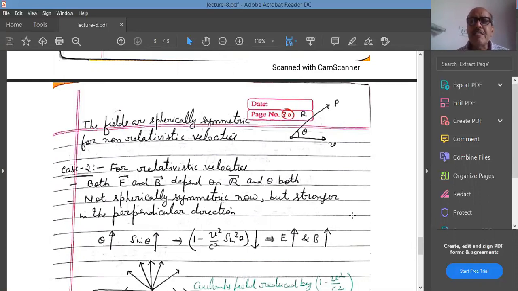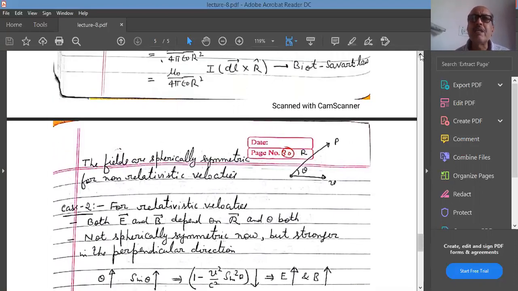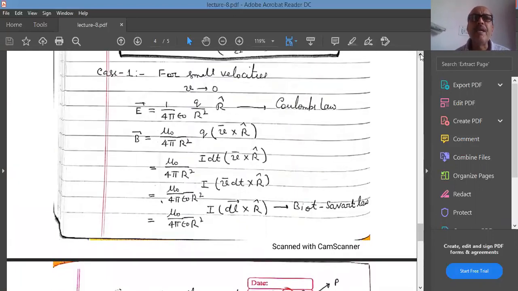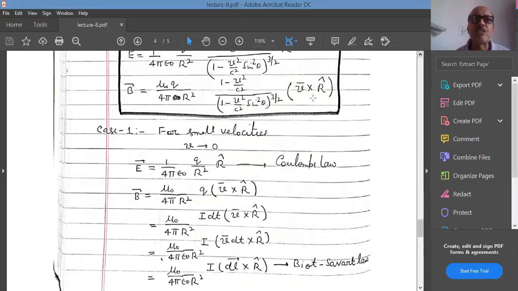So just by looking at this expression, the first thing is that we have both r and theta dependence here, because in the numerator we have 1 minus v square upon c square, and in the denominator we have 1 minus v square upon c square sine square theta. So this term will be minimum for theta equal to 90 degrees.